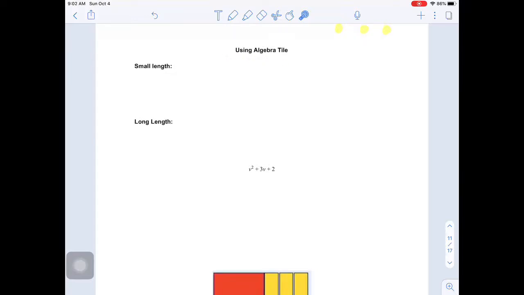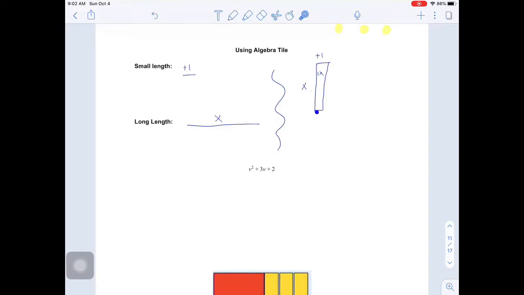Okay, well, the first thing we got to understand is that there's a small length. If we have a small length, let's say this length, this represents +1. Long lengths represent x. And then you can put those together. So if I have a small length here on top, this is +1, and then a long length here, this is x. So this represents 1x, you're doing 1 times x.